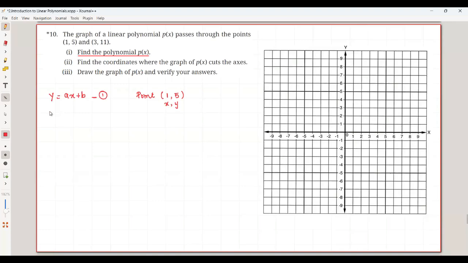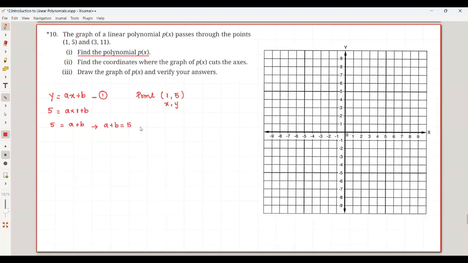So 5 is equal to a into 1, plus b. Simplify it: 5 is equal to a plus b. Interchanging and writing, this will be a plus b is equal to 5.